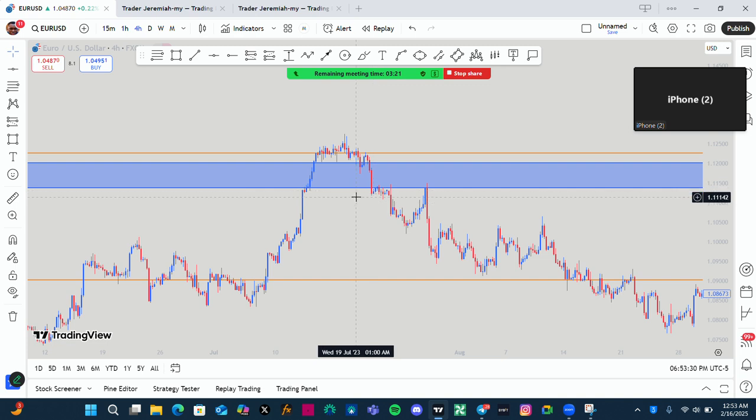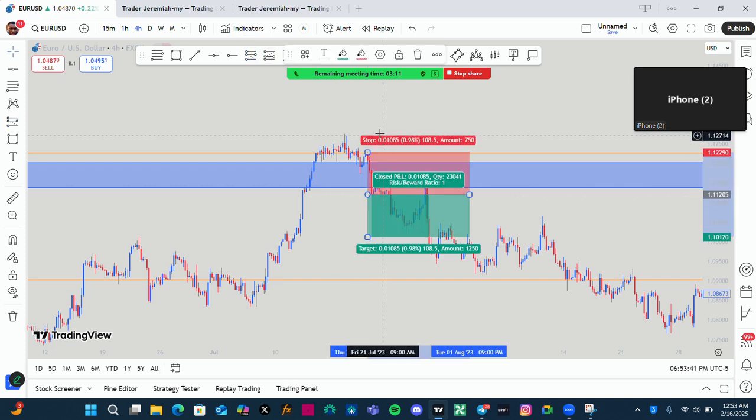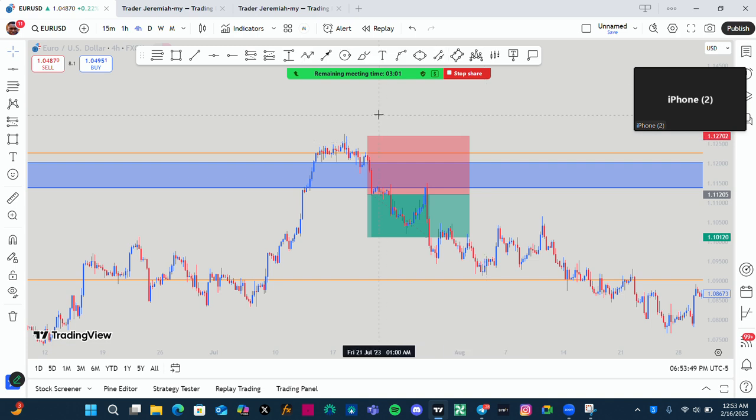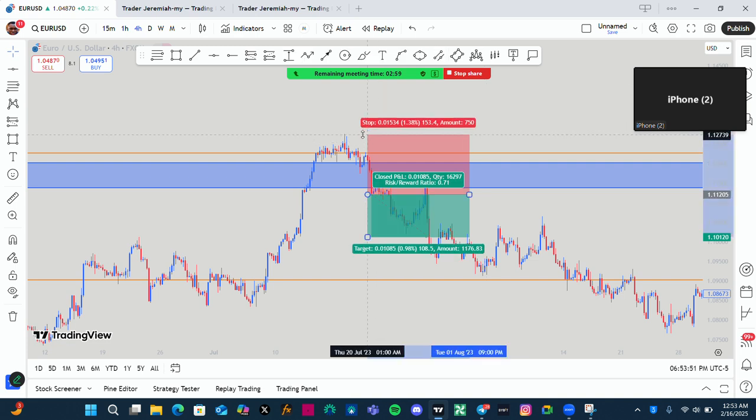So after this candle closes on 4 hour, then you enter the trade, and you can put your stop loss above this level, or just above this support level, but it will be safer to put it above this level.